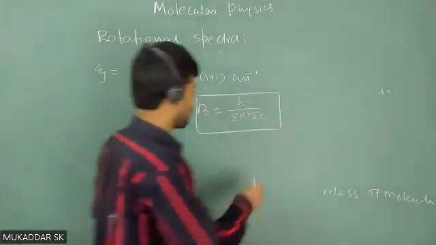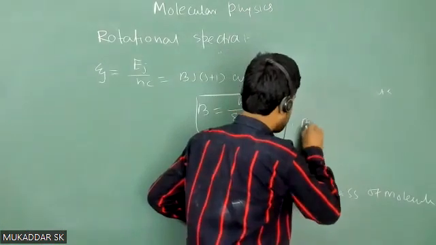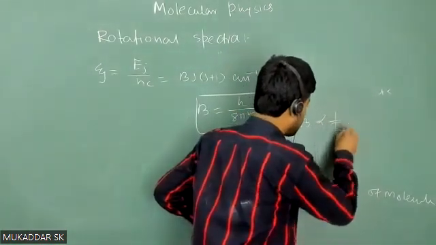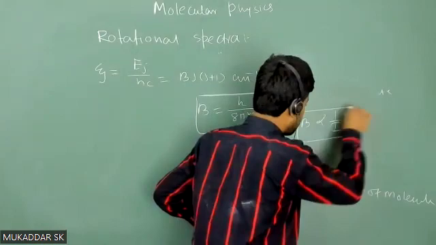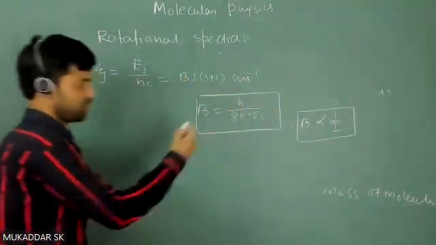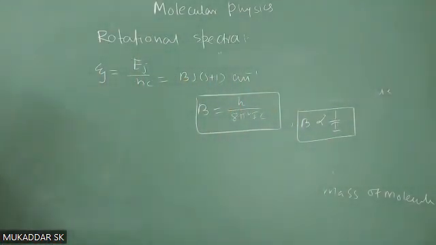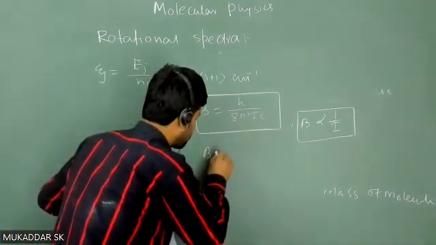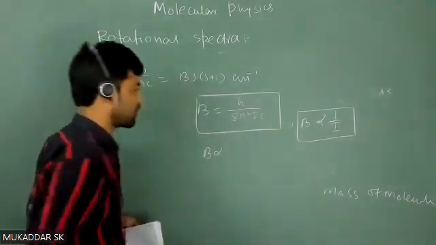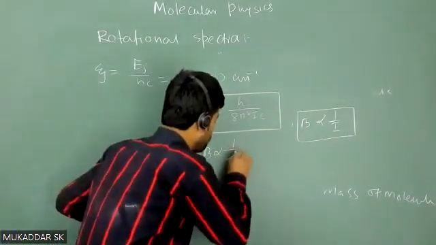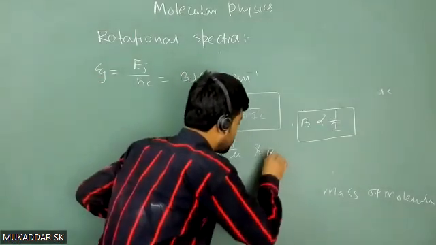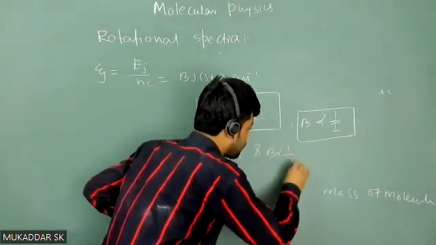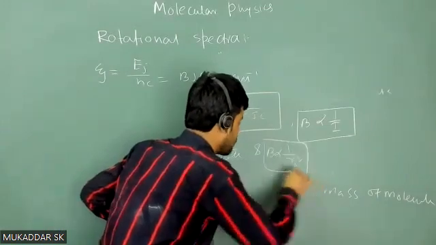You can see that the rotational constant B is actually inversely proportional to the moment of inertia of the molecule. जब प्रॉब्लम सॉल्व करोगे है ना, आधा प्रॉब्लम इसी के बेस पे सॉल्व हो जाती है. ठीक है, B इनवर्सली प्रोपोर्शनल टू 1 बाई I. ठीक है, और I आपको पता है म्यू आर नॉट का स्क्वायर. इसका मतलब क्या है कि rotational constant B inversely proportional to mu, and also it is inversely proportional to bond length का square, right? This is the relation.